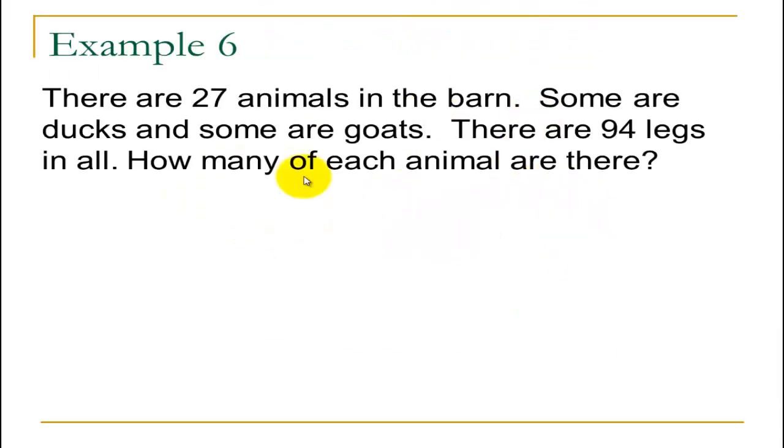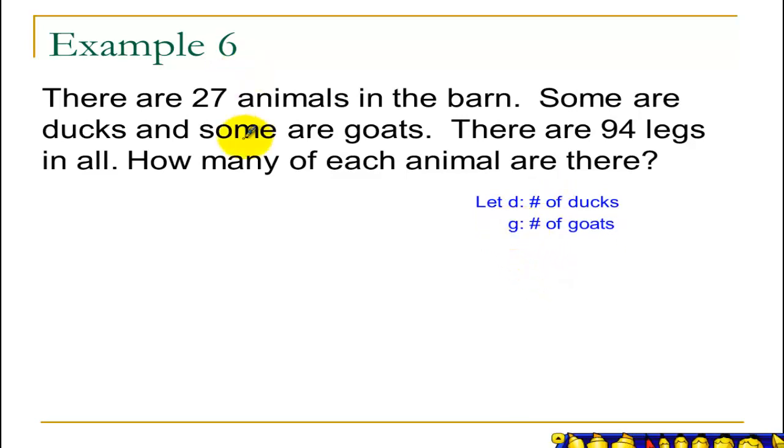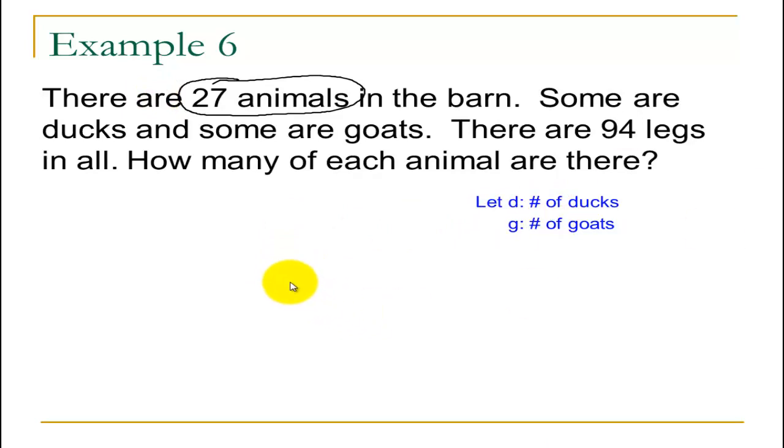Alright, so since we are talking about ducks and goats, we are going to use d and g as our variables. So let d be the number of ducks and g be the number of goats. We know that we have 27 animals all in all. So if I add all the ducks and goats, it should be equal to 27.